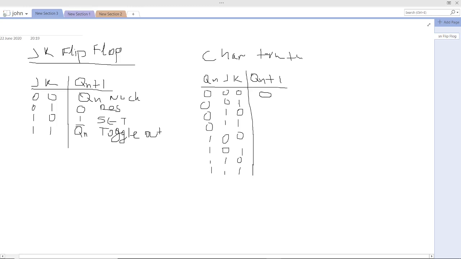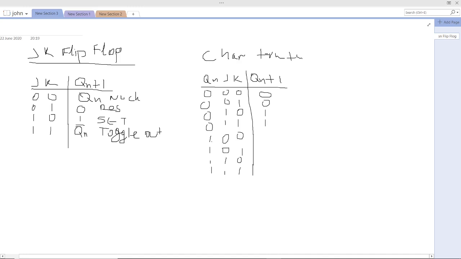When you have 0, 1 for JK, it's reset and gives you 0. When it's 1, 0, you have set, which gives you 1. Then you have 1, 1, which is toggle, and in that case Qn is 0, so it will be the complement, which is 1.